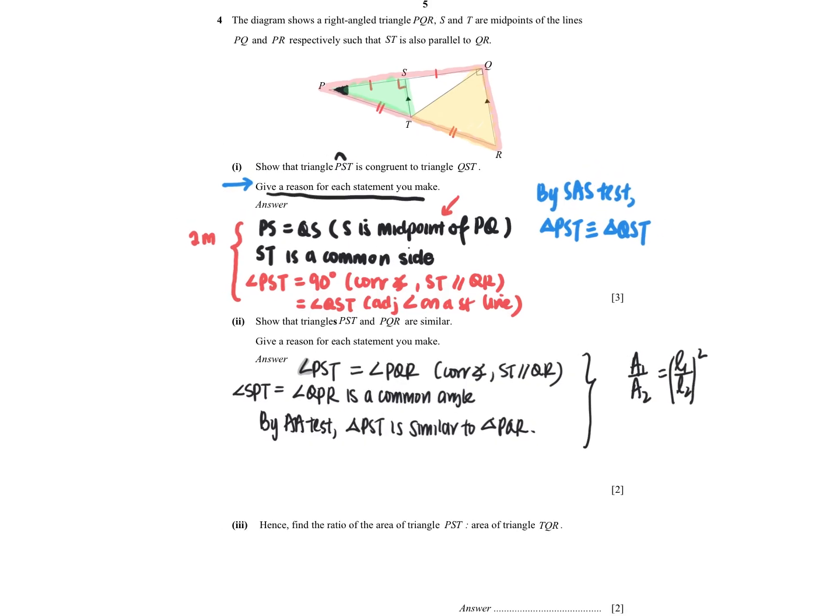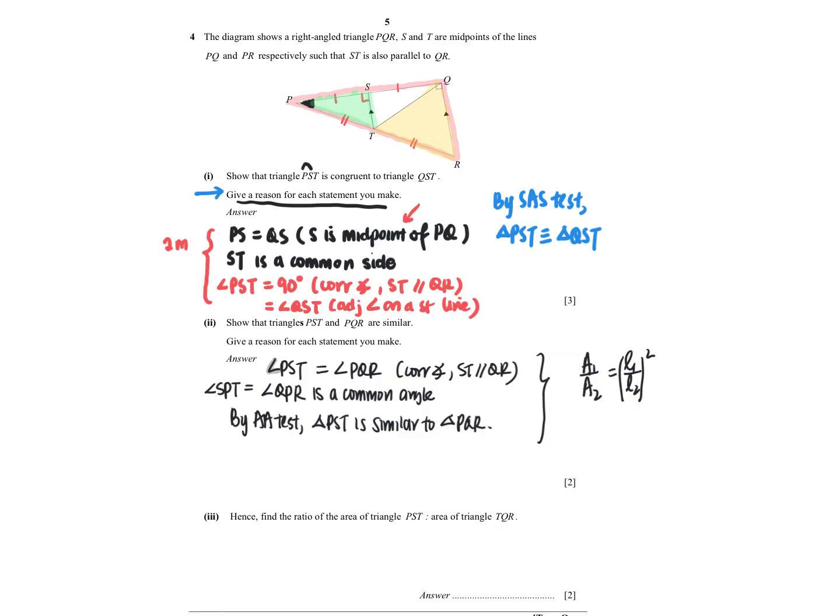So that means if I compare the small triangle with the big one, this small one, with the entire one, what is the ratio of their area? What do you think?